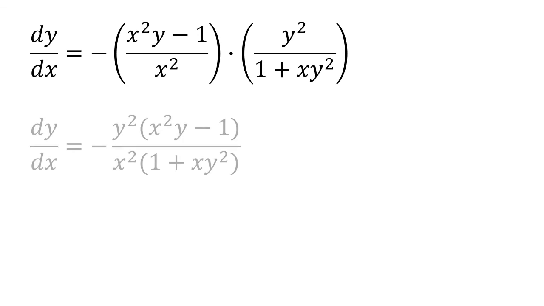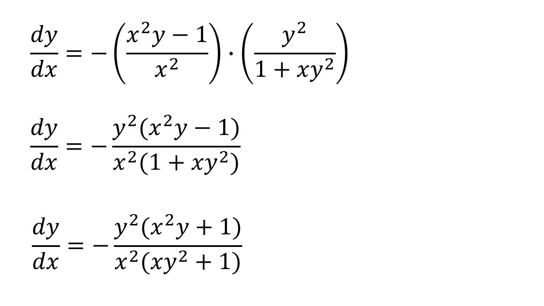And then this will be dy over dx equals negative y squared times x squared y minus 1 all over x squared times 1 plus xy squared. Okay? So let us make our final answer more handsome.